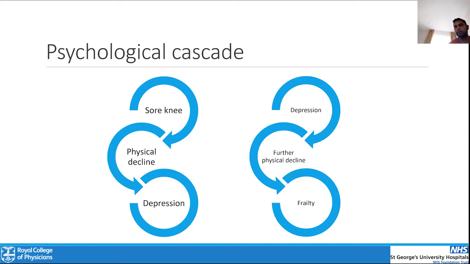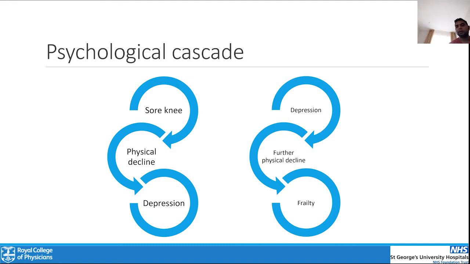So if you take a patient who's had a sore knee from their osteoarthritis, which then results in an eventual physical decline and an inability in their function, this could lead to them feeling quite low in mood and depressed, which in itself is a vicious cycle. It leads to further physical decline and can eventually lead to frailty.